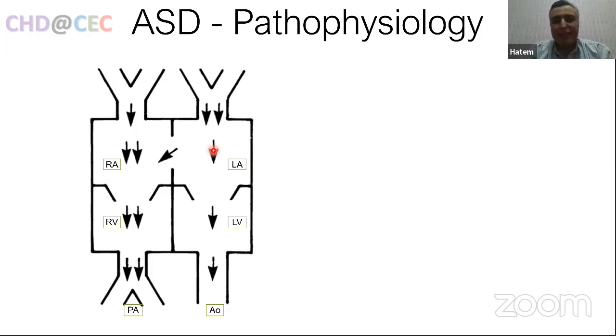I've said that chambers that get volume load will get dilated. I've just not said that the blood has to stay long enough in that chamber so that it stretches the wall of the chamber, and then the chamber will get dilated. The blood coming back from pulmonary veins into the left atrium just crosses the ASD immediately.